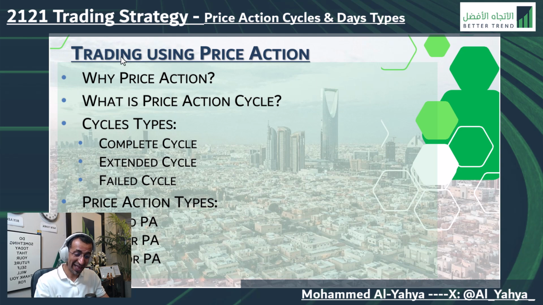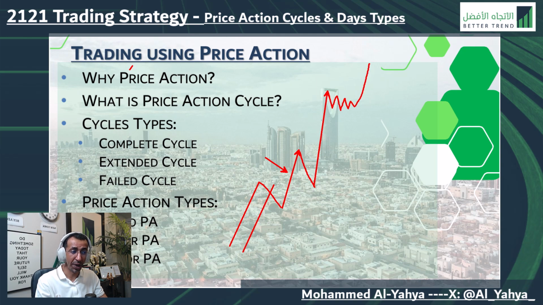Now let's talk about the extended cycle. Extended cycle: if the market is doing a channel, break, leg one, and leg two longer than leg one, and no trading range, and the market keeps going higher, that means you are dealing with a very bullish move. So you go with the bigger price action cycle.